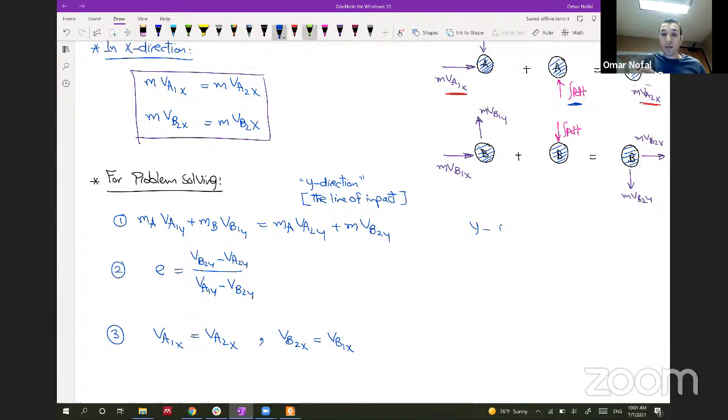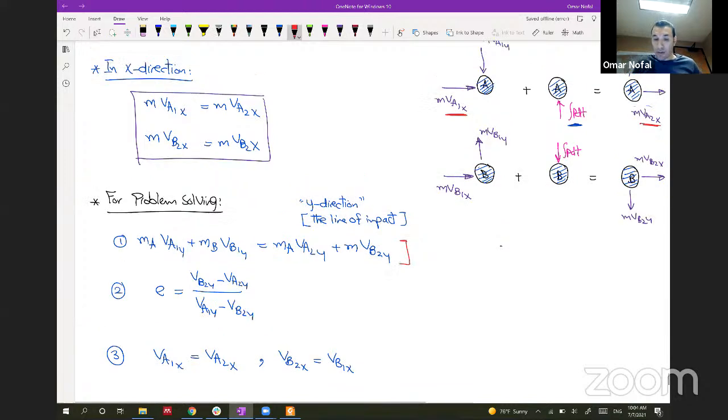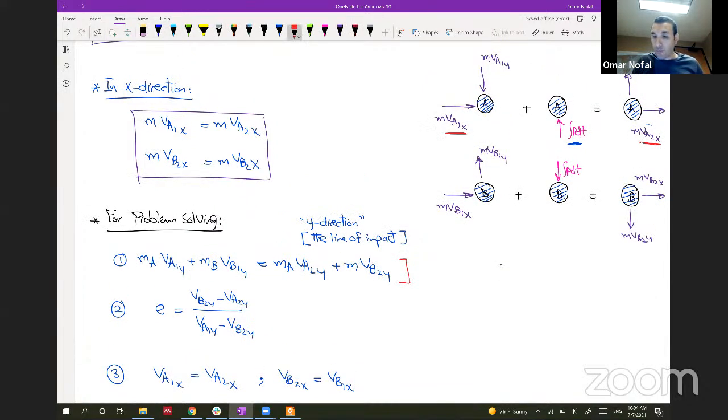So if we are talking about 1D impact, you can only use this equation if we have 1D impulse momentum and E is equal to 0. So if E is equal to 0, you can directly use this equation.